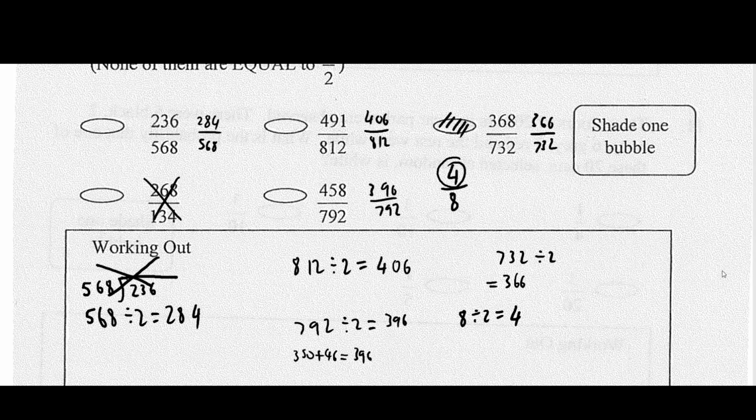So for a fraction which is a half, if you divide the denominator by 2, for instance, another one, 50 over 100, 100 divided by 2 is 50. If you divide the denominator by 2, you'll get the numerator. And the closest one was this fraction here.